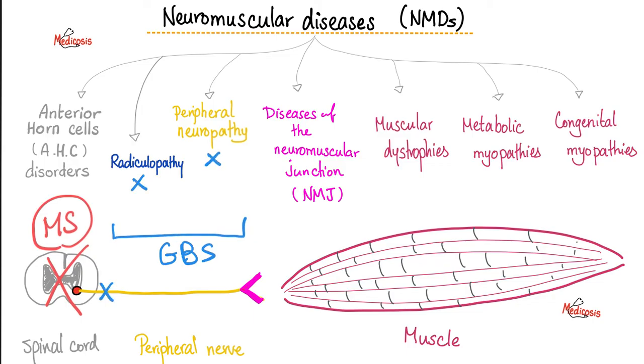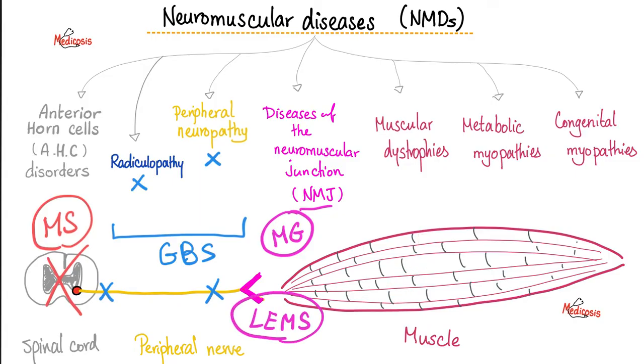It's going to hit me here and here. After this, we have diseases of the neuromuscular junction, including myasthenia gravis, see the previous video, and Lambert-Eaton Myasthenic Syndrome, which is today's topic. Next, some diseases affect the muscle itself, such as muscular dystrophies, and we talked about these before, such as Duchenne muscular dystrophy and Becker's muscular dystrophy. Then we have metabolic myopathies and congenital myopathies.